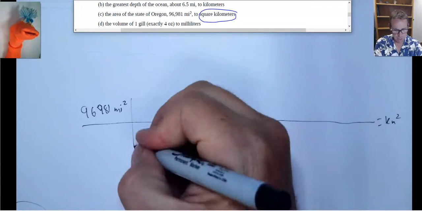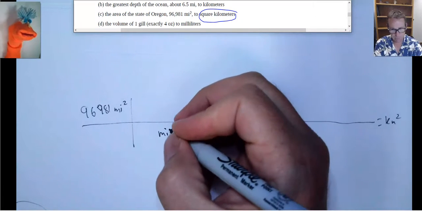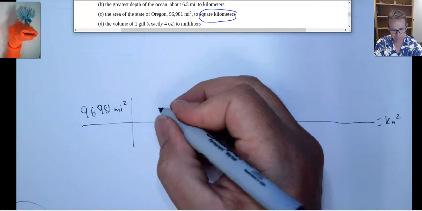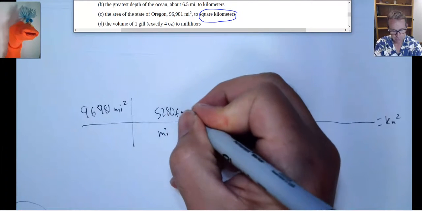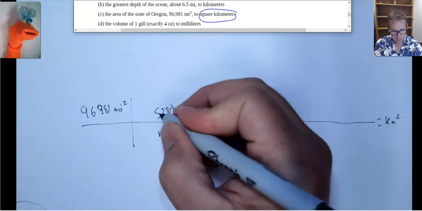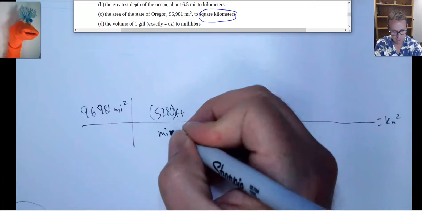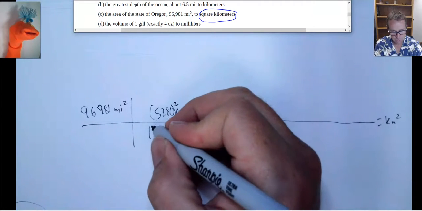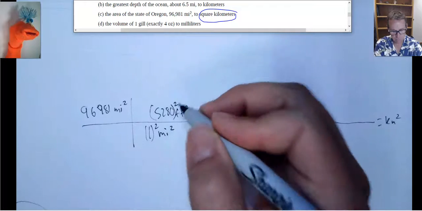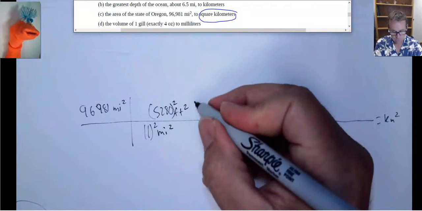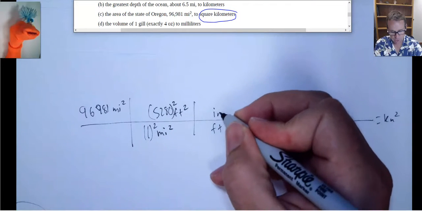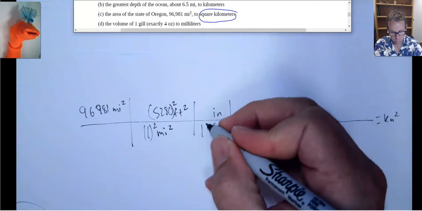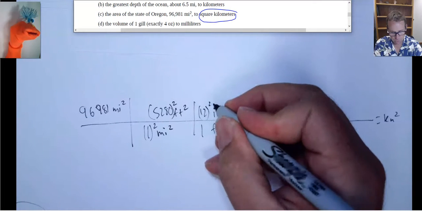I can follow the same pattern. Miles, remember how many feet? Was it 5,280? Feet. But that's a mile. A mile squared, you have to square both of those. So 1 mile squared is 5,280 feet squared. And then I can go feet to inches. 1 foot squared is 12 inches squared.